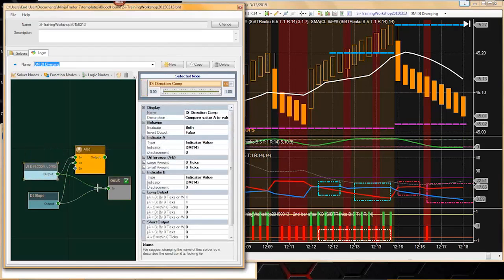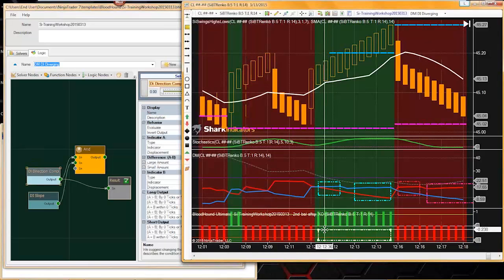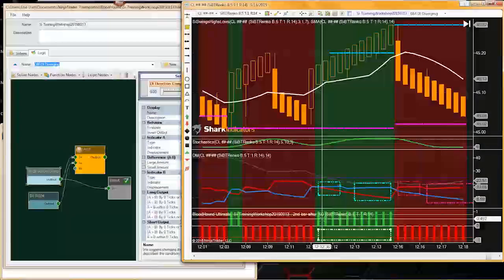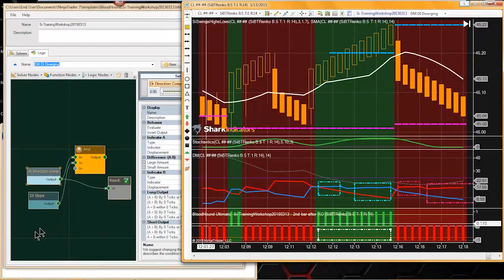Looking at the comparison solver, there's no short output here. It gives us either a long output or a short output, not both at the same time.